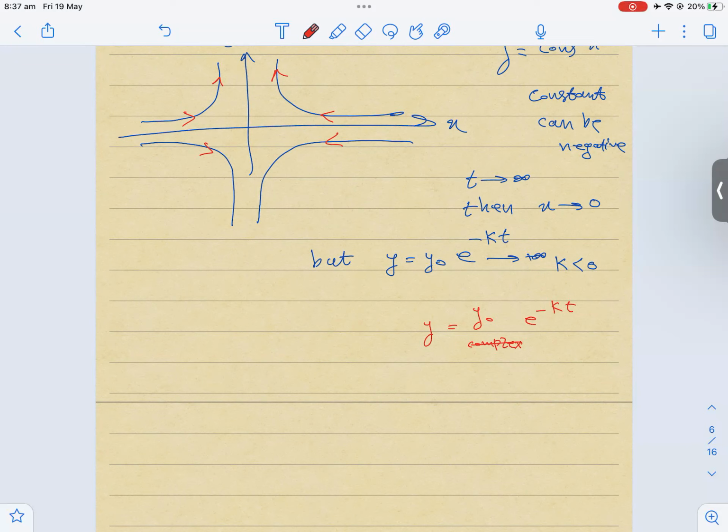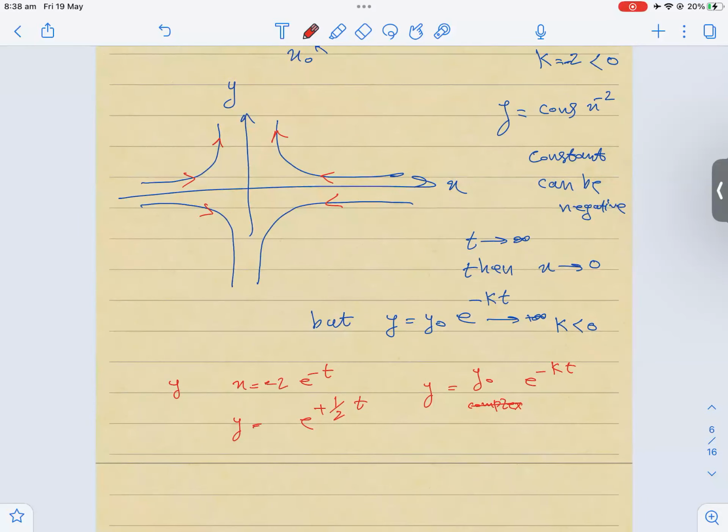Well, if you take, say, x0 to be -2 and k to be -1/2, then for your solution, that graph would give a complex coefficient because you'd have -2 to the power -1/2.